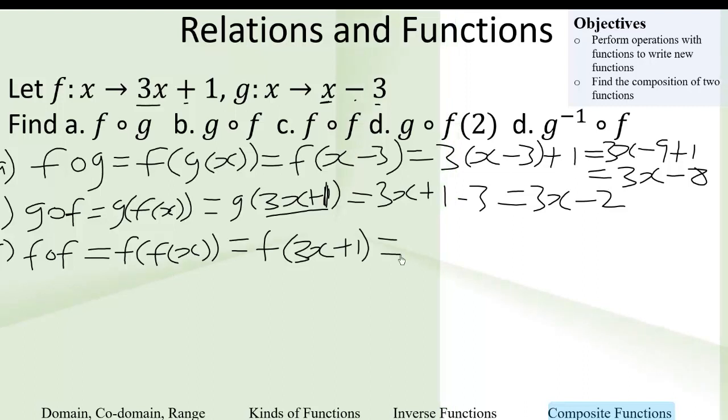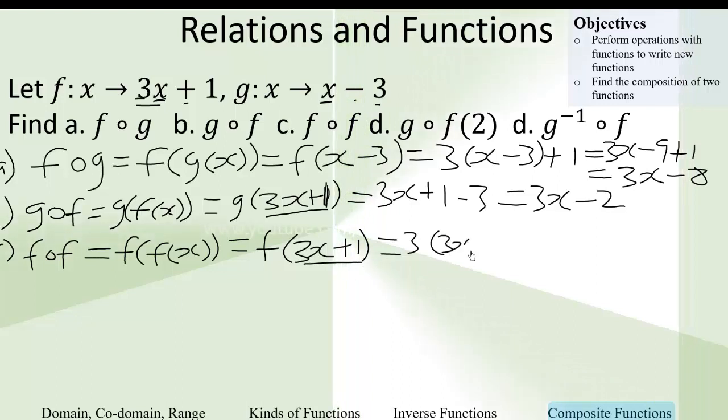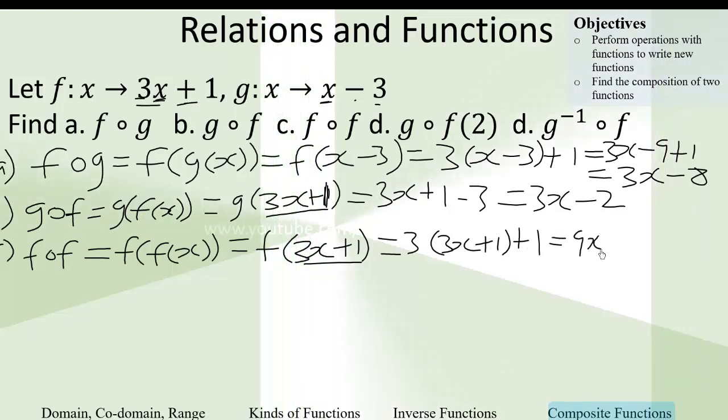And that will give us, so wherever I see x, I'll put 3x plus 1. So I'll write a 3. Then wherever I see x, I'll put 3x plus 1. Then I'll come to this, which is plus 1. So this will give us 9x plus 3, then plus 1. It should be equal to 9x plus 4.